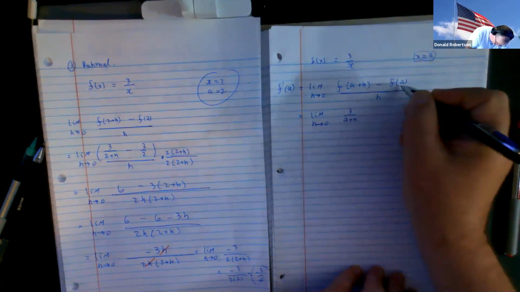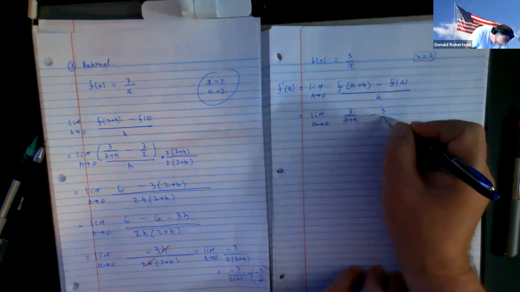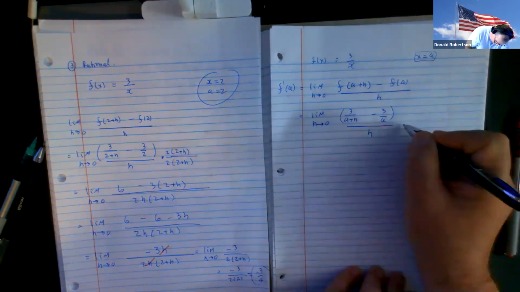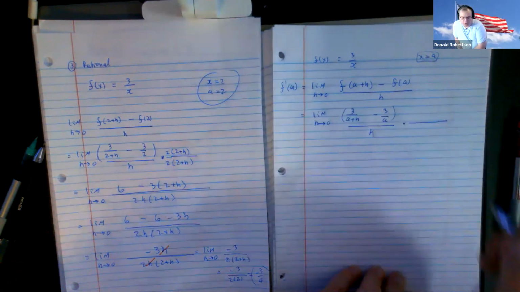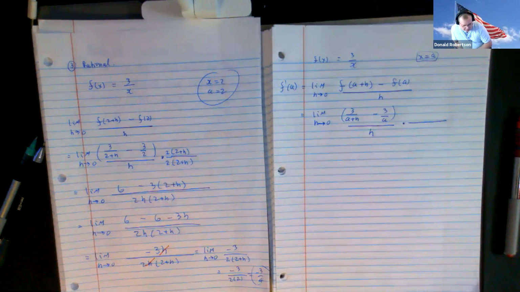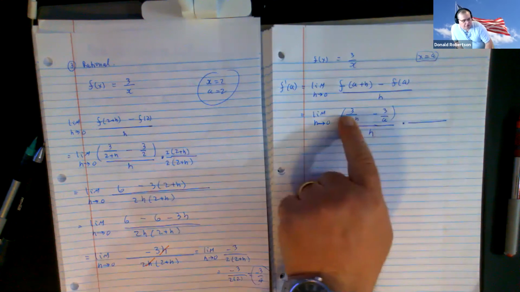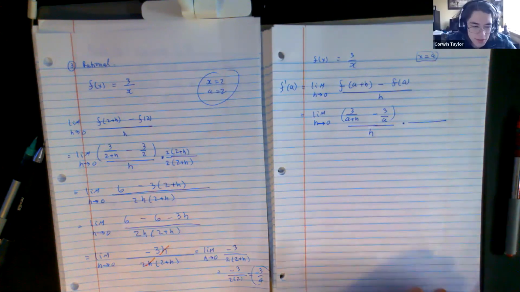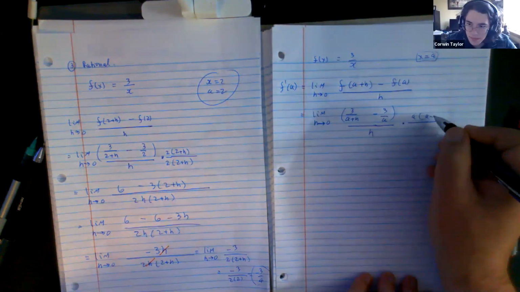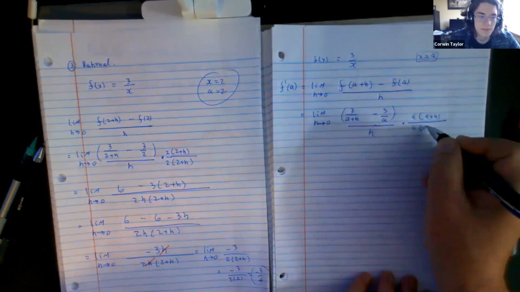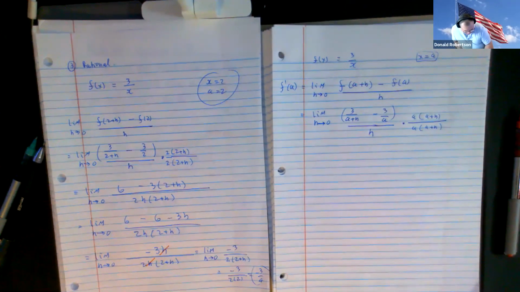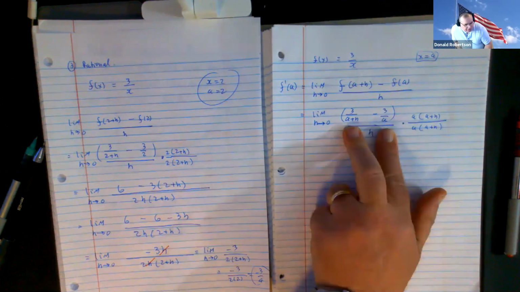Plug in a and you get that guy. Okay, what special version of 1 is going to fix this ugly top? A times a plus h. Agreed? Do you see it's just the two denominators, a and a plus h?